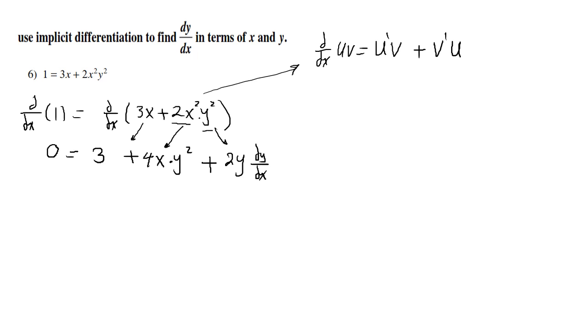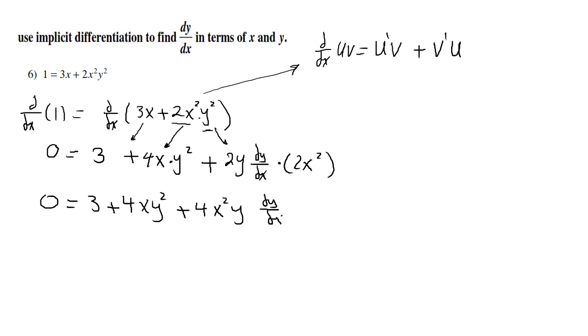Any derivative with respect to y, I should add dy by dx, multiplied by the first, which is 2x squared. So 0 is equal to 3 plus 4xy squared plus 4x squared y dy by dx.